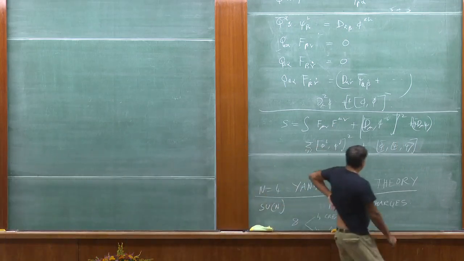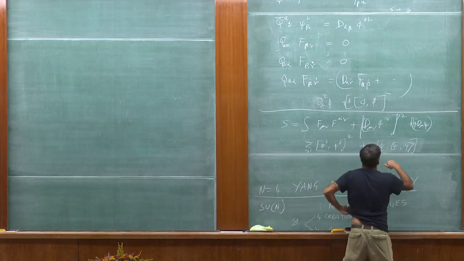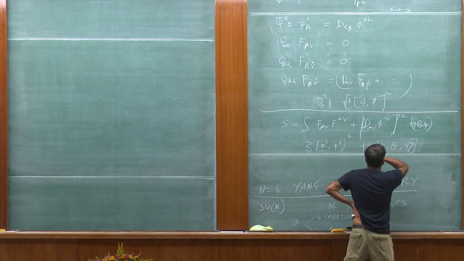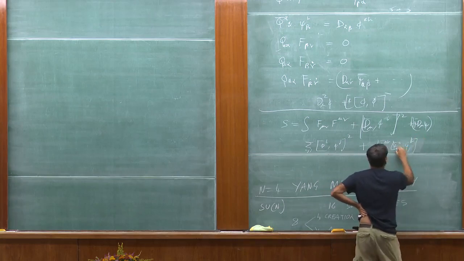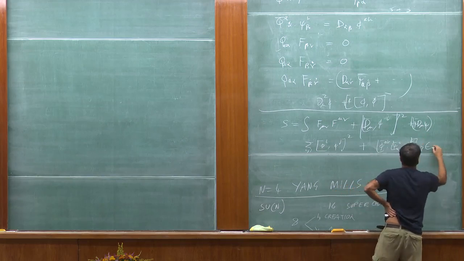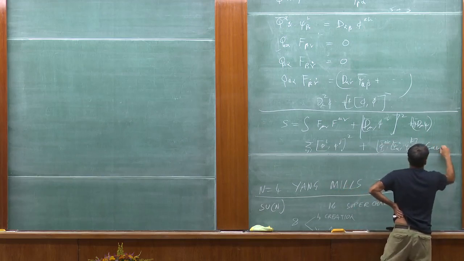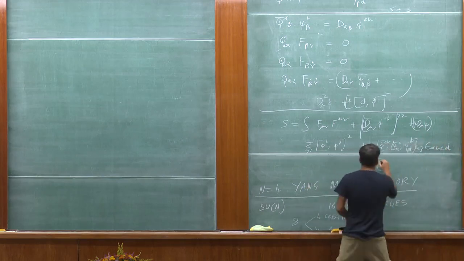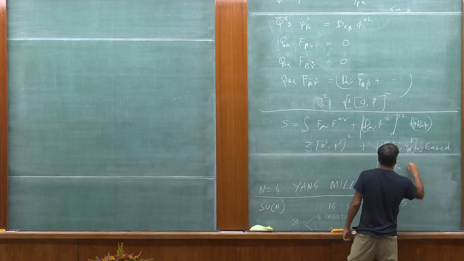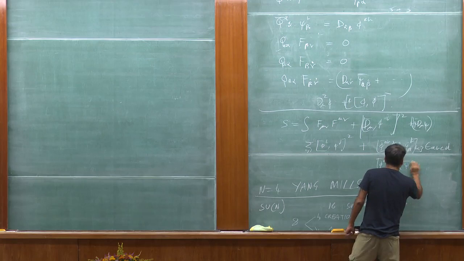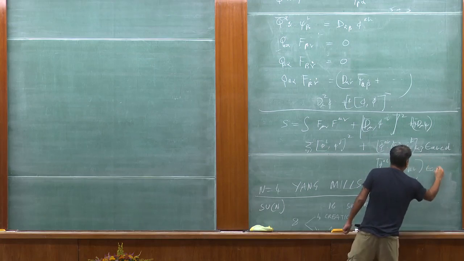So we want phi AB, let's say, and there will be one term with phi C, phi D, epsilon ABCD, and another term which is phi AB, psi bar A alpha dot, psi bar B beta dot, epsilon alpha dot beta dot.